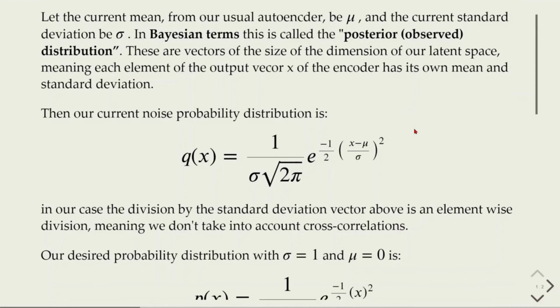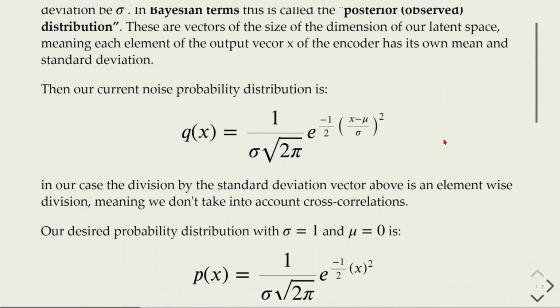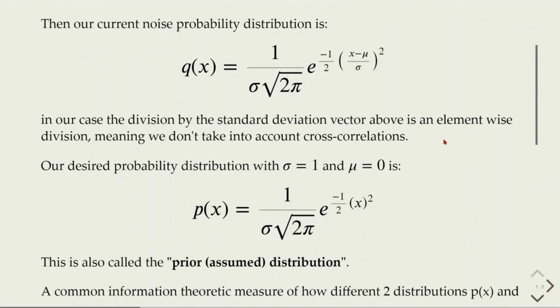Then our current noise probability distribution is given by this equation here, where we have our mu and we have our sigma. In our case, the division by the standard deviation vector above is an element-wise division, meaning we don't take into account cross correlations.